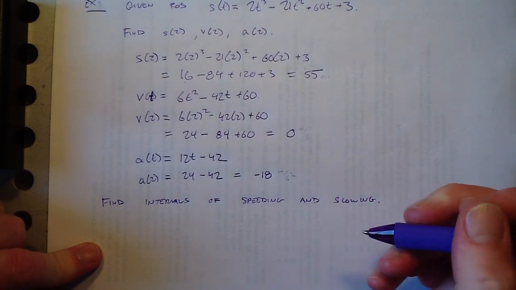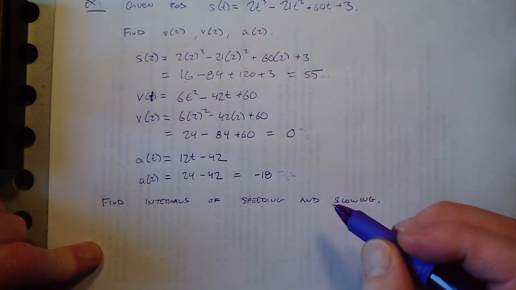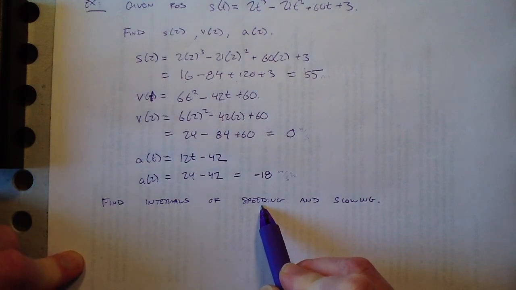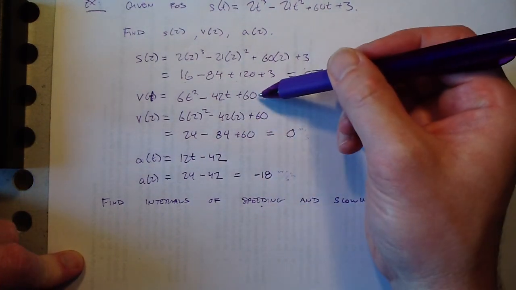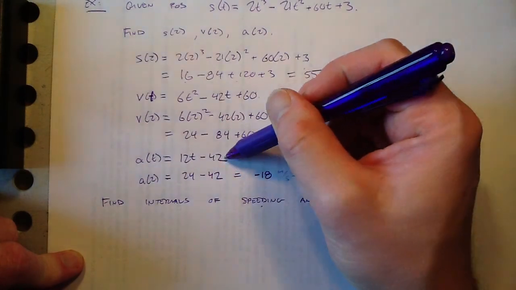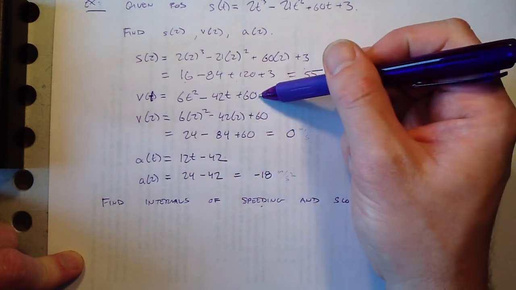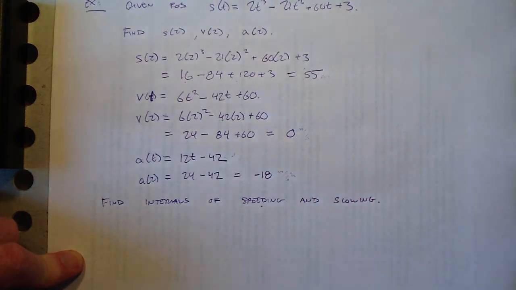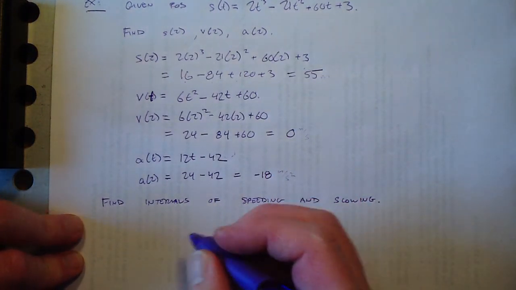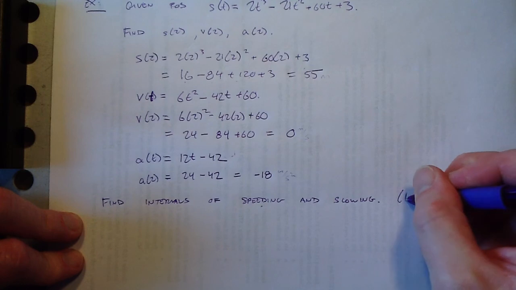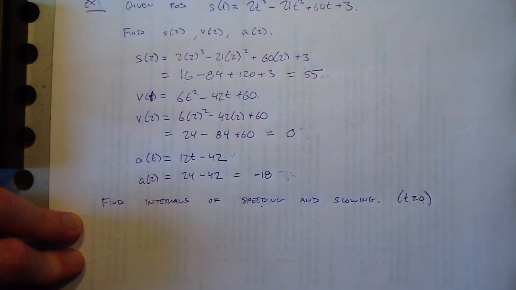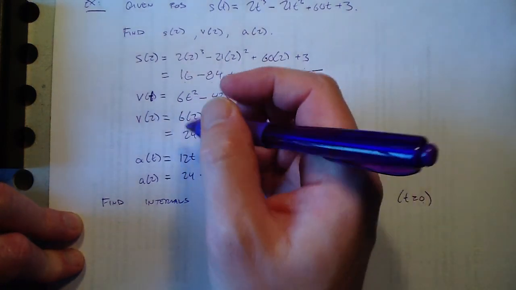Now speeding is about the agreement of the velocity and the acceleration and their signs. So what we need to do is find where both the velocity function and the acceleration function are equal to 0, in other words, where they're changing sign, and then set up a kind of a double number line situation here. And we're only interested in times that are greater than or equal to 0. Usually we start counting at 0, so don't care about negative stuff.